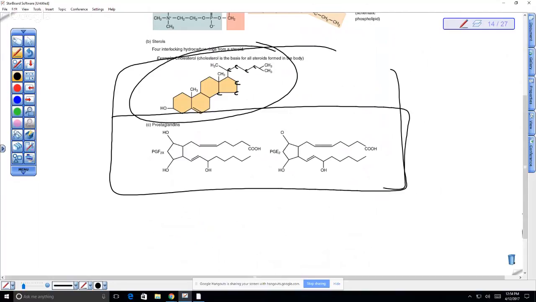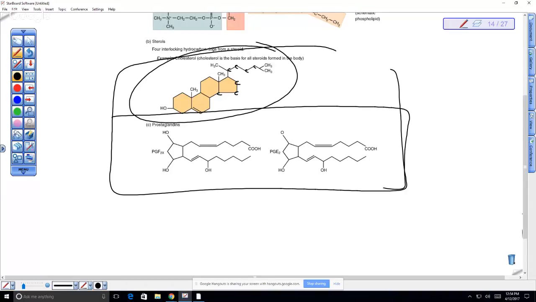Most hormones are not steroids. So we know a lot about steroids because they're important in sexual development. And we'll talk about this, but you can actually also get steroids through the skin. So you could use estrogen cream or testosterone cream, and it goes right through the surface of your skin and into your body. Whereas, like if you put another hormone on your skin, it wouldn't be able to be absorbed.